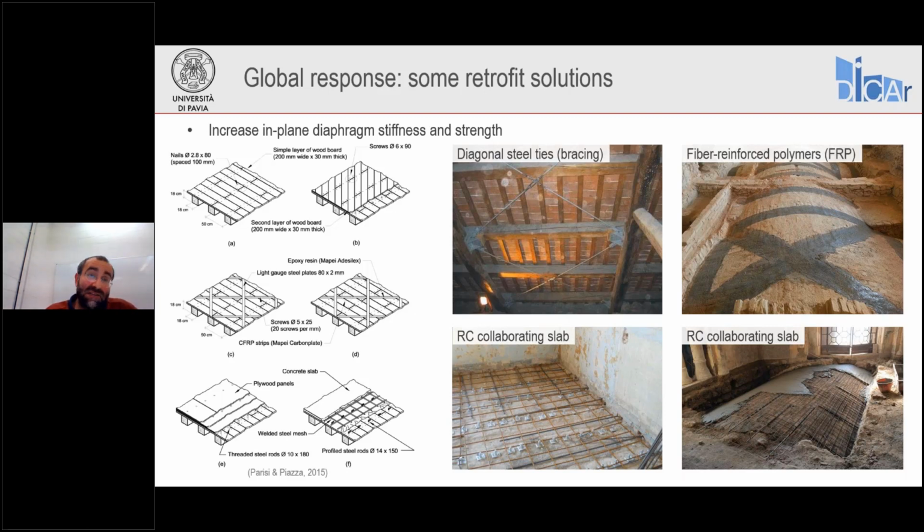We can add plywood or even concrete overlays. Different solutions depending on the objective. For vaults, again, we can add concrete overlays, we can apply FRCMs, we can apply FRPs, again, to improve the in-plane stiffness of these elements.